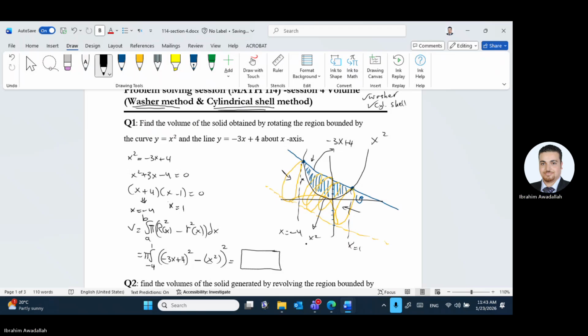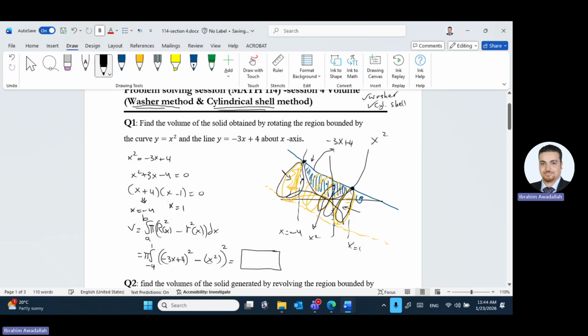Equal, catch your calculator and put the final answer here. Today, I don't have the answers, but to make the videos shorter, I will ask you to fill this place by calculator. Minus 4 the start point, plus 1 the end point, upper minus lower, so this will be empty here. This from here will be empty, but again I have this and almost this, and each one it's revolving like this and like this.